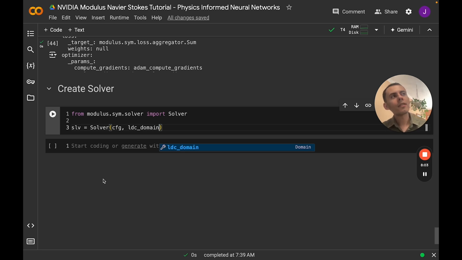We pass that to the constraints, then the constraints to the domain object, and then the domain object to the solver. That's why it's very clean. So solver equals the solver class with the configuration object and our domain with the constraints and the problem definition. Okay, cool.